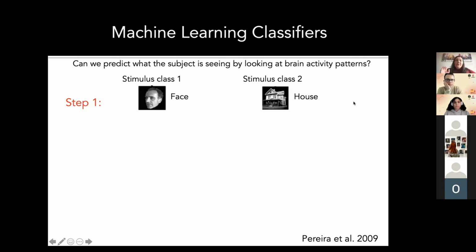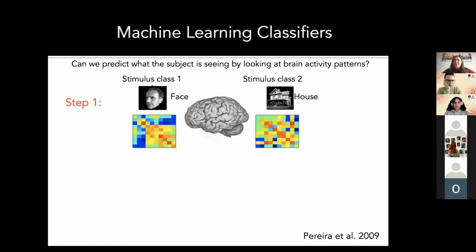In step 1, you present these stimuli to your subjects and record brain activity. Let's say each of these squares shows a voxel activity pattern, which is the pattern you get when you have a face or a house. Importantly, remember that in fMRI experiments, you have to present your stimuli multiple times to get a robust signal.